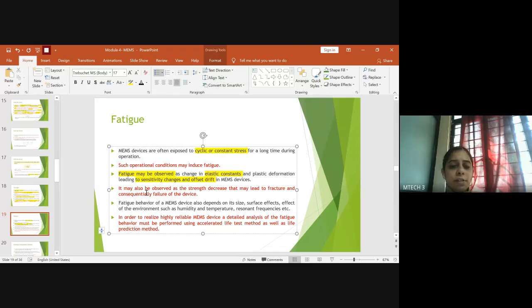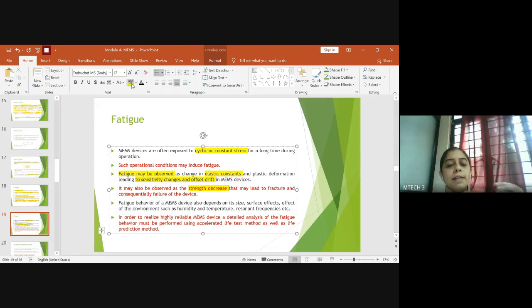If fatigue is there, you can also observe that the strength of the device decreases. The regular strength and stiffness that you had in that device will not be retained. Once fatigue has come, when the device is down and a drift is there, even though the MEMS device was very strong in the beginning, after this hangout there will be a reduction in the strength.